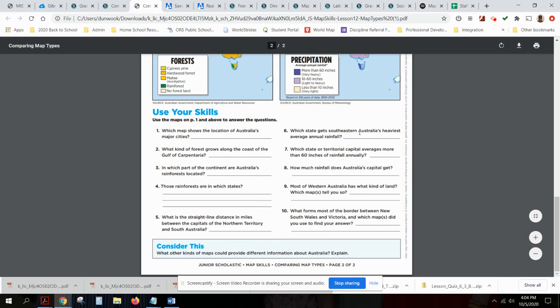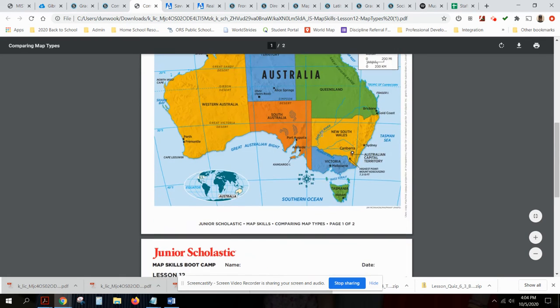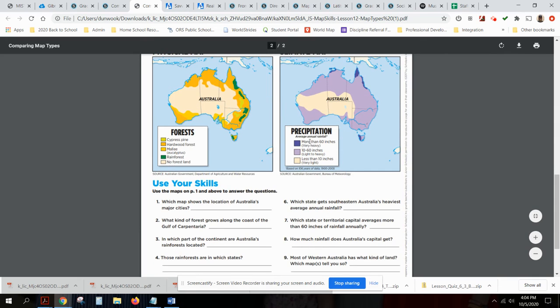Which state gets southeastern Australia's heaviest average annual rainfall? Which state? So I have to look at the rainfall map, okay, and I can see that some places get more than 60 inches, some places get 10 to 60, some places get less than 10. The question is, which state gets southeastern Australia's, so southeast is down here, heaviest average annual rainfall?